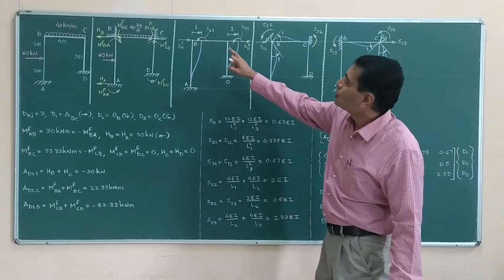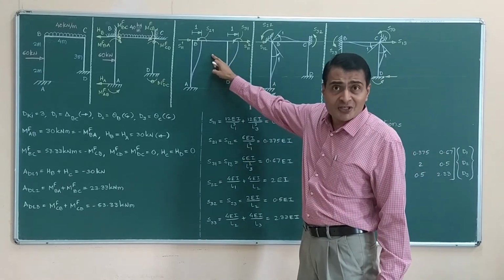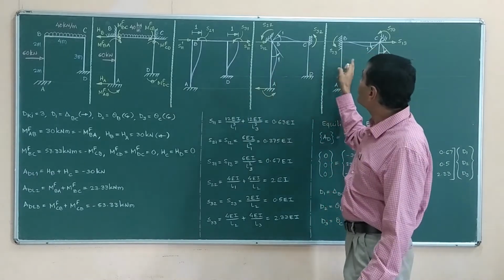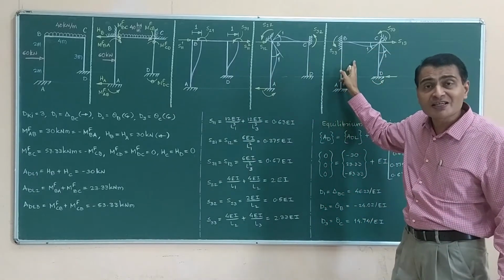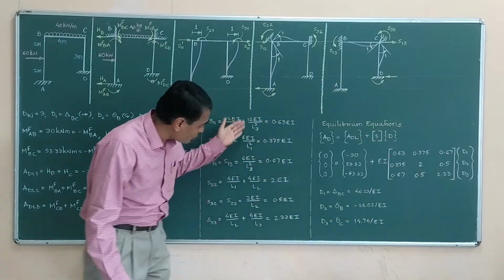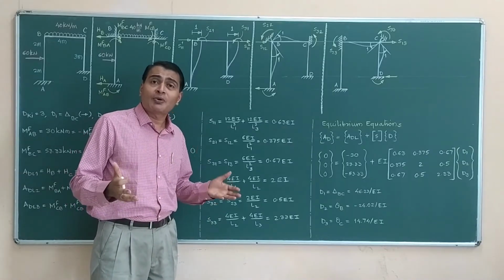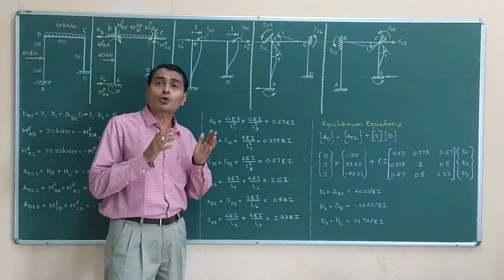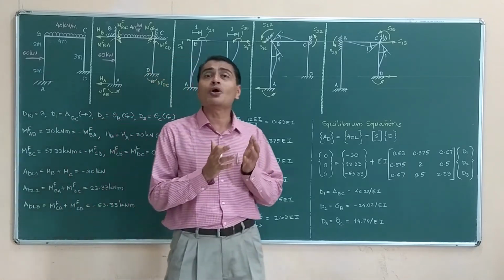So unit positive translation, unit positive rotation at B, unit positive rotation at C, these 3 have generated all the stiffness coefficients. So we know ADL, L1, L2, L3. We know all the stiffnesses, and we are also knowing AD1, AD2, AD3.